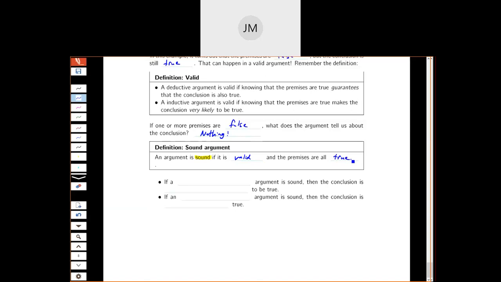So if a deductive argument is sound, then the conclusion is guaranteed to be true. If an inductive argument is sound, then the conclusion is probably true.